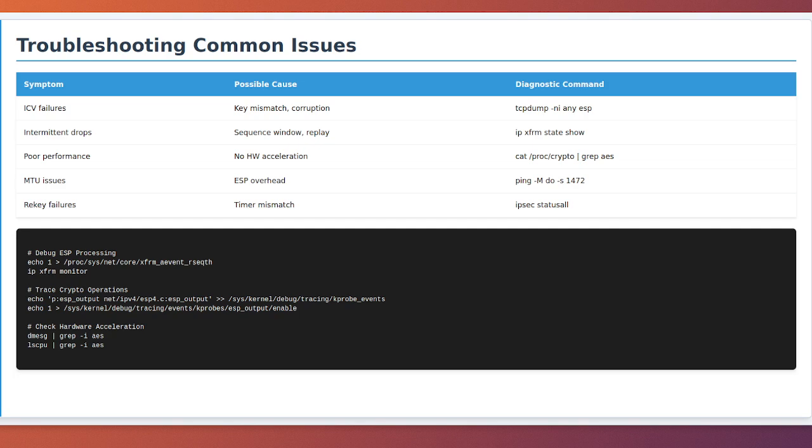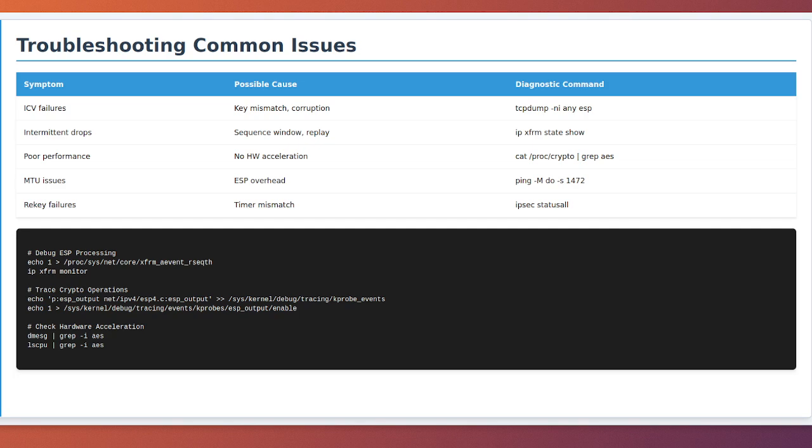The solution is to either reduce the TCP MSS using MSS clamping, enable path MTU discovery, or reduce the MTU on the internal interfaces. Watch for ICMP fragmentation needed messages being blocked by firewalls, as these are essential for PMTUD to work.